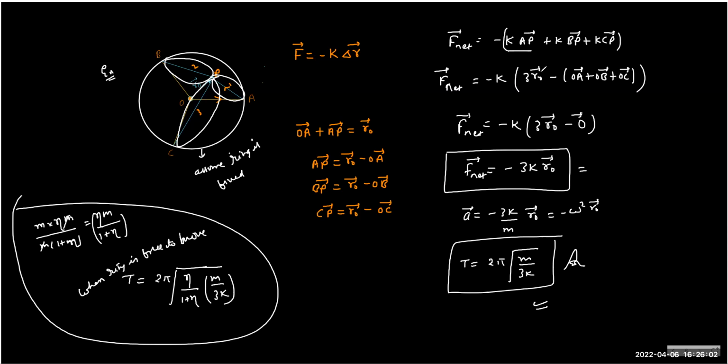Spring force is K AP. And the spring force will act towards A, so it is opposite to AP. So minus K AP, minus K BP, minus K CP. Force always acts opposite to the deformation. And that is why this is the answer. And if you proceed, you will get the answer.